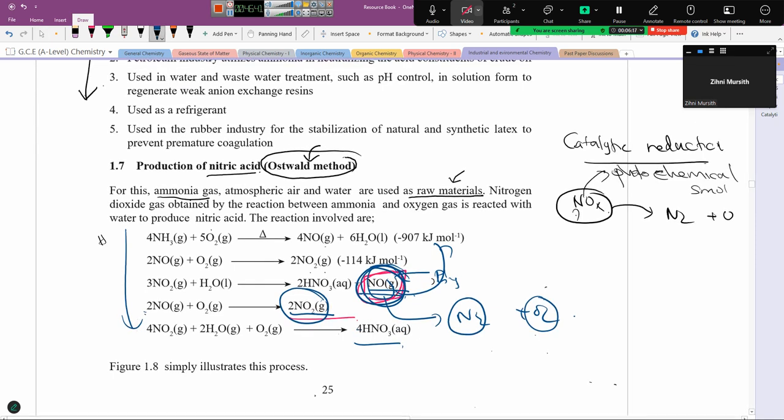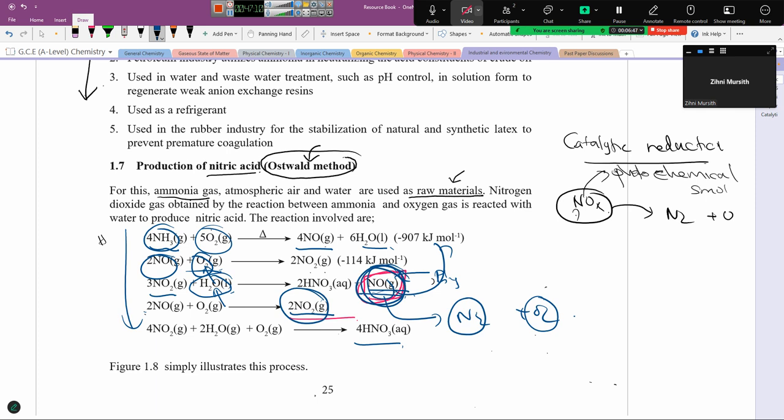First you should remember the raw materials. The raw materials are ammonia, air and water. We use all these for our production process. Ammonia gas is oxidized to produce NO gas and H2O liquid. Again, NO gas is oxidized, and for the oxidizing purpose we use oxygen, so this is also a raw material. Again, NO2 gas is dissolved in water, so that's why we call H2O a raw material.